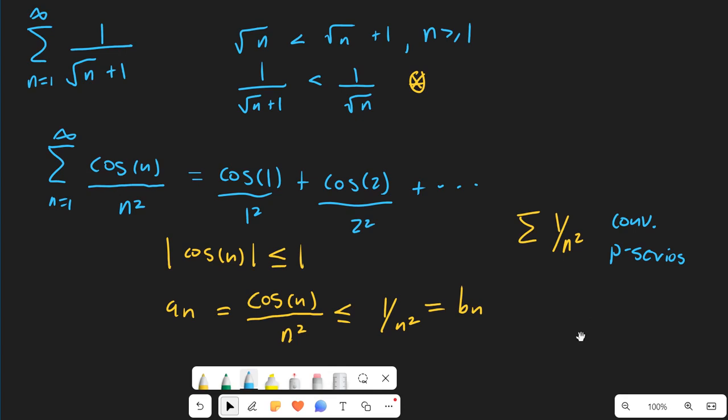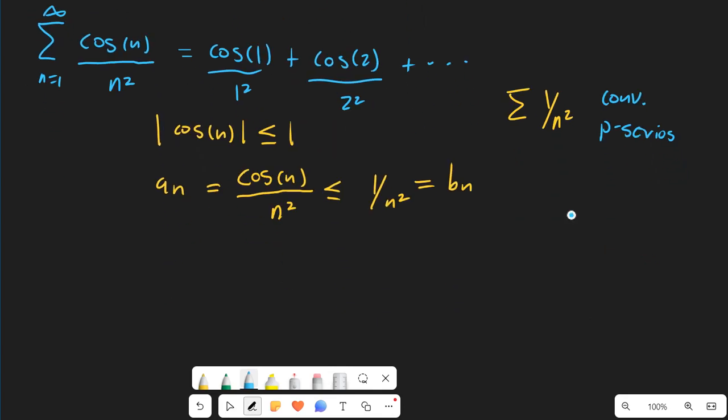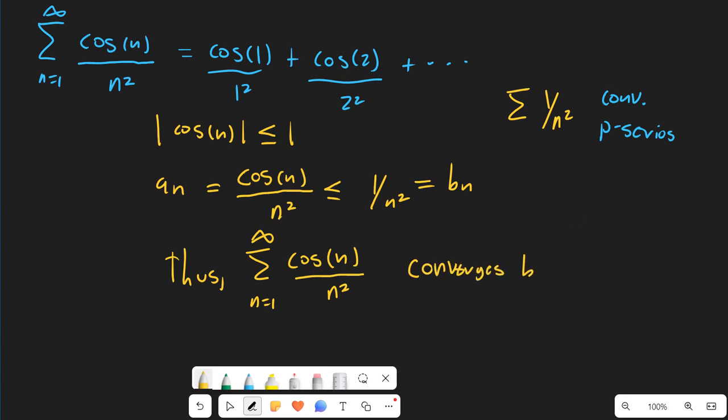Then by that logic, we can conclude that the series from n equals 1 to infinity of cosine of n divided by n squared converges by the direct comparison.